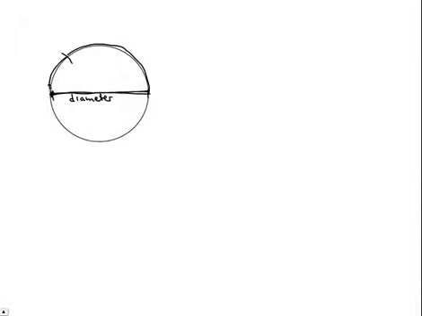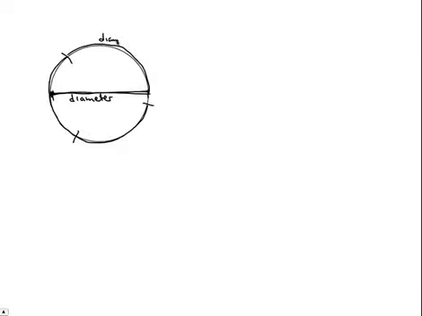Let's try it again. There we go. That's two lots of this diameter length. There's still room. I'll take a third one. Interesting. There's a gap. 3 diameter lengths.